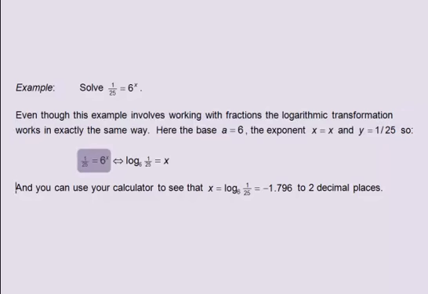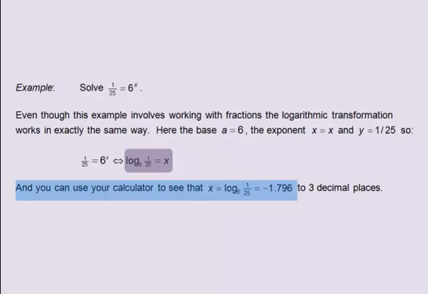So, the exponential equation 1 over 25 equals 6 to the power x can be transformed to log to the base 6 of 1 over 25 equals x. And you can use your calculator to see that x equals log to the base 6 of 1 over 25 equals minus 1.796 to 3 decimal places.